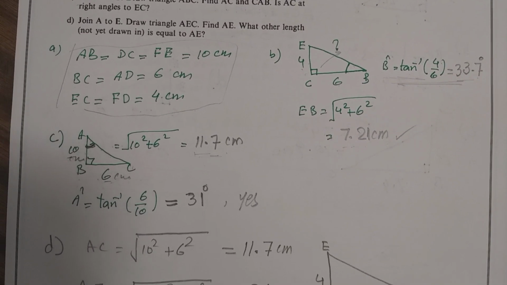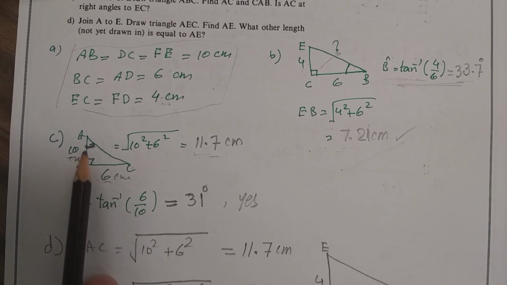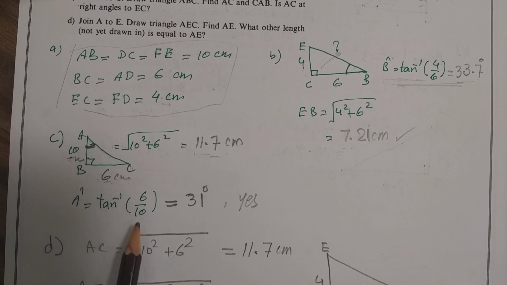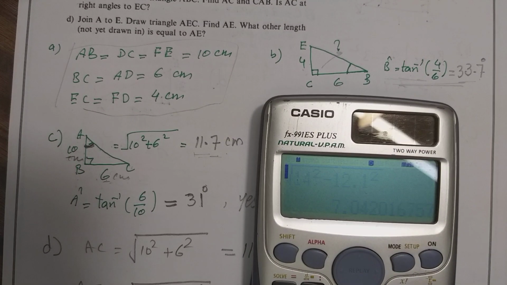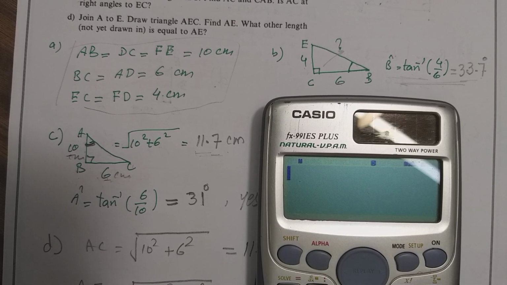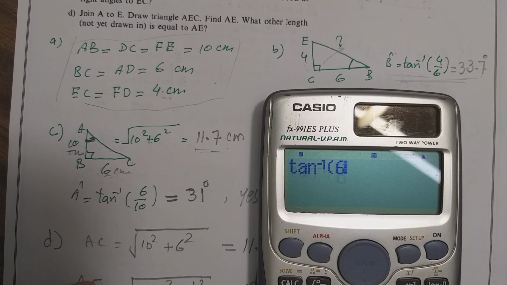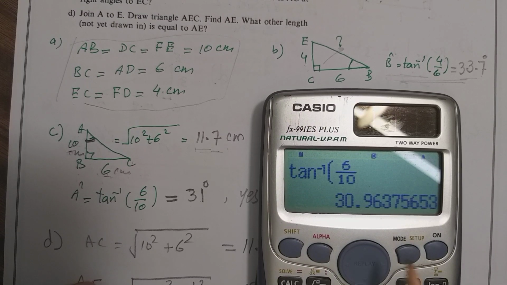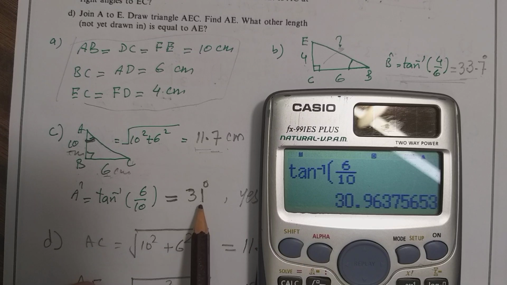So tan inverse, opposite is 6 and adjacent is 10. Shift, 6 out of 10. It becomes 30.96. So I just round it, so it becomes 31.